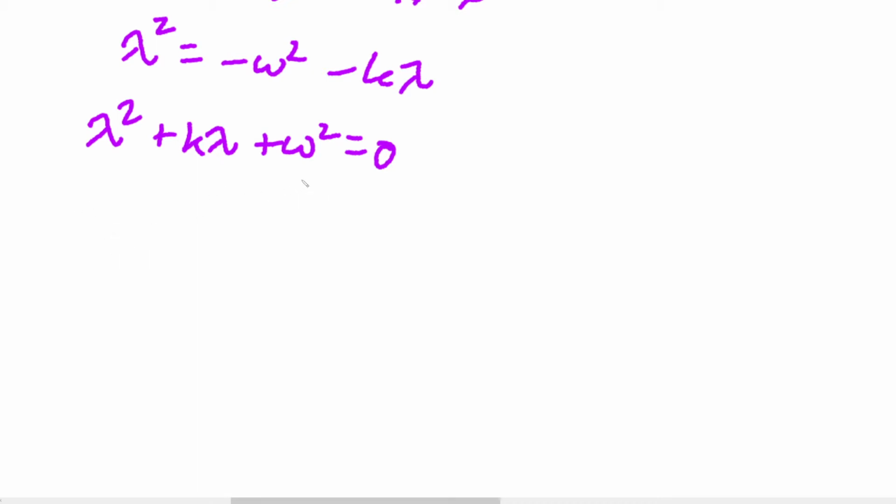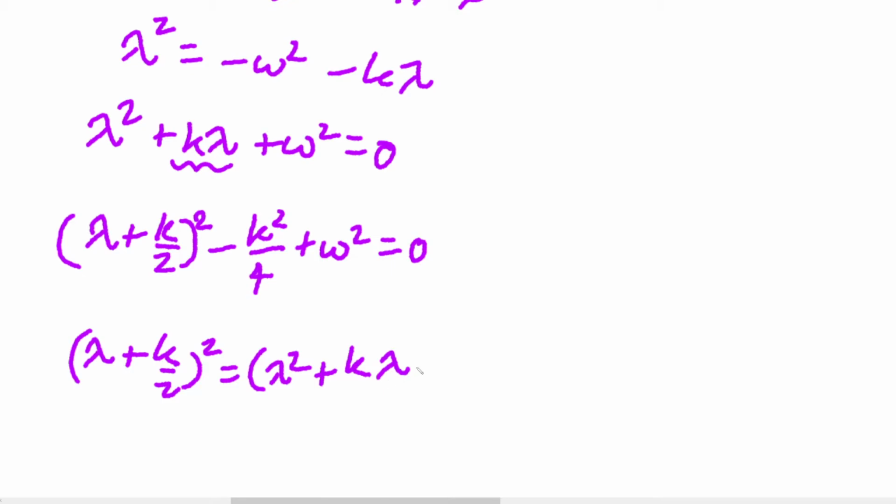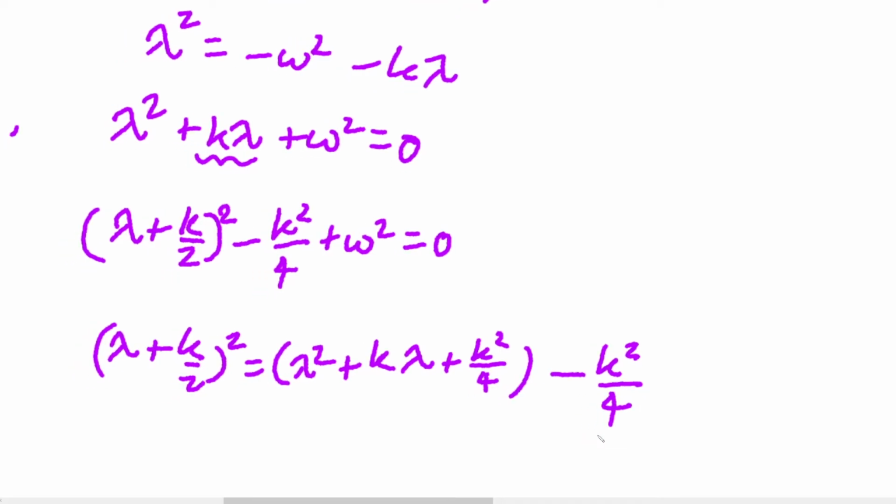So lambda squared plus k lambda plus omega squared is 0. If we complete the square, lambda plus k over 2 squared minus k squared over 4 plus omega squared must be equal to 0, because knowing that the coefficient of the single lambda term is k tells us that lambda plus k over 2 squared is going to be lambda squared plus k lambda plus k squared over 4, and then we subtract the k squared over 4 on the outside to make sure that we haven't actually changed anything in the expression.